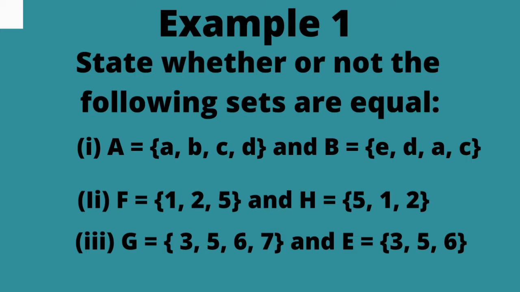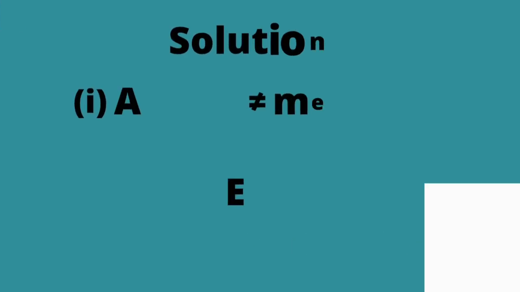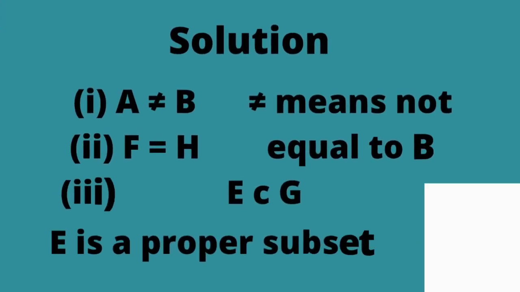It means that the elements in F and H are the same. That is, they are equal. And that is what I said about equality of sets, that the elements might not necessarily be arranged in sequential order, either ascending or descending order. So the elements there are what? Equal. So in Roman figure 2, F is equal to H.